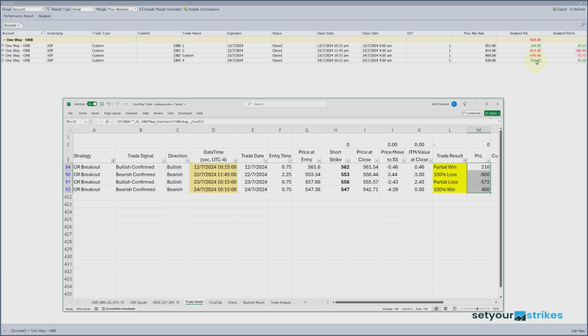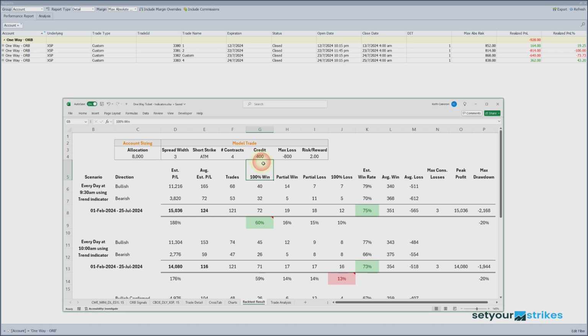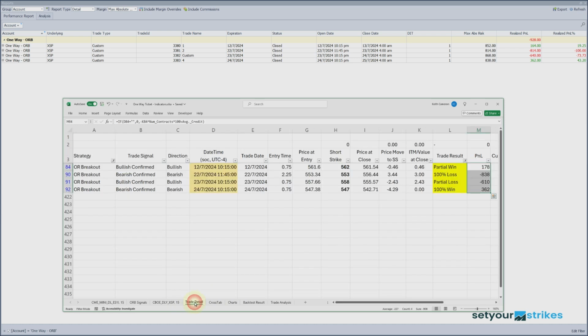And the 100% winner was 362, not 400. Let's try that 362 and see if that gets us closer. I think that's the one I put in before. So now I got 908, which is much closer.